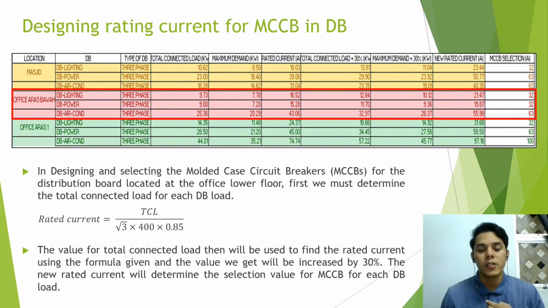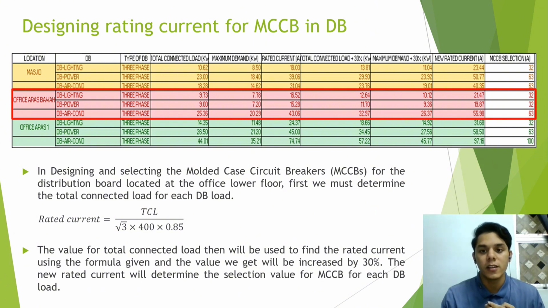The value for total connected load will then be used to find the rated current using the formula given, and the value we get will be increased by 30%. The 30%, which is the new rated current, will determine the selection value for the MCCB for each DB load.